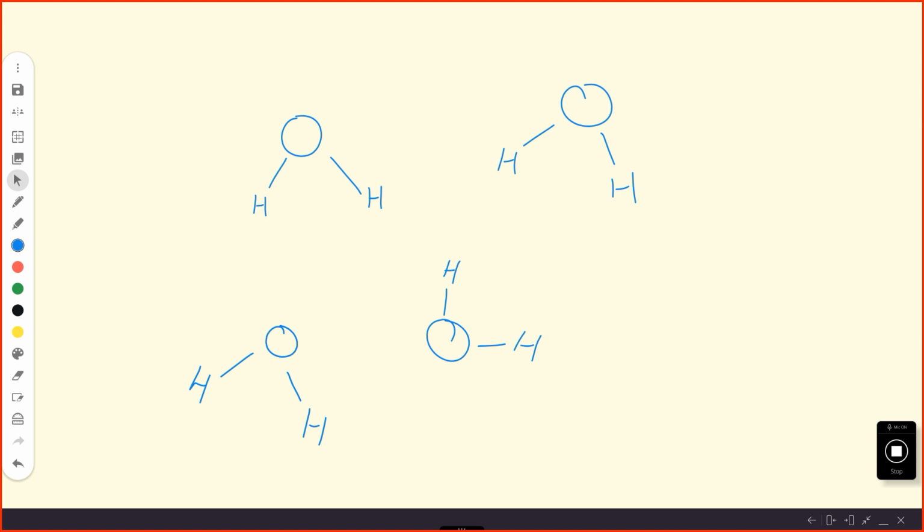By adding any ions, we get this interaction of positives and negatives. If you remember way back, this is a little review: oxygens have a partial negative charge because they have a higher electronegativity. Hydrogens have a partial positive charge.